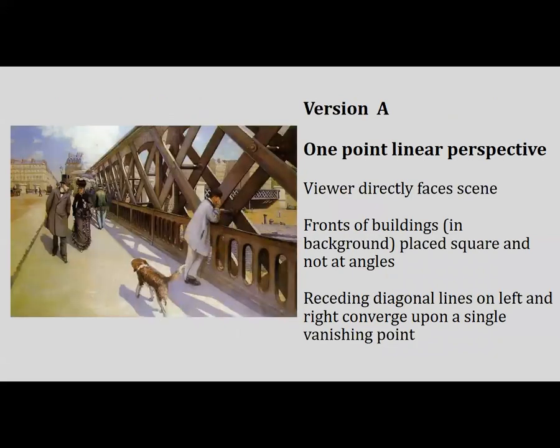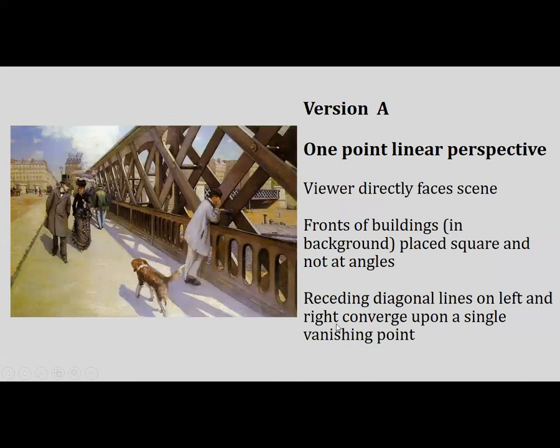So we're talking about version A. So version A is you, the viewer, you're facing this scene. And the front of these buildings in the background that we see, they're placed square in front of us. They're further away, but this is a straight line across. So the fronts of them are placed square, and not at angles.